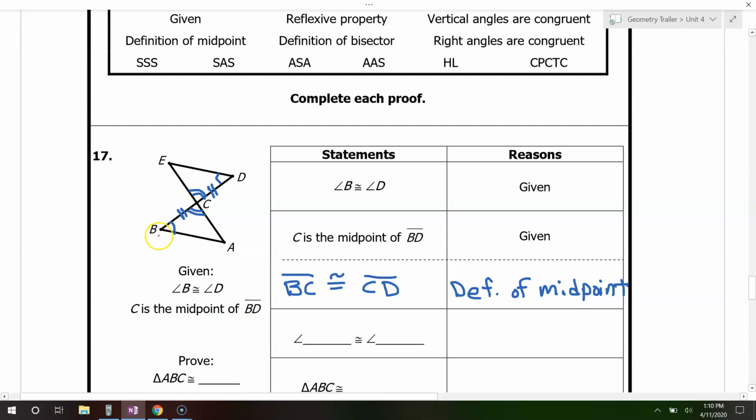So that was angle BCA congruent to angle DCE. I mentioned these are vertical angles, so that's the reason we just write vertical angles are congruent. Or you could say the vertical angle theorem.